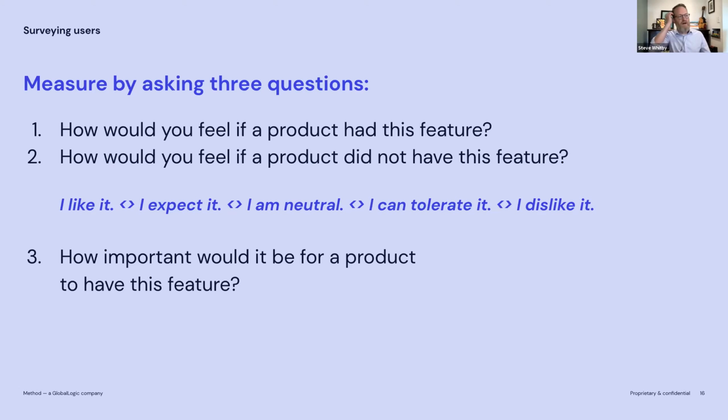And then the third question is, how important would it be for a product to have this feature? And then you give them a Likert scale where you're answering, 1 to 5, 1 to 6, of dissatisfaction or disliked all the way up to like. The answers of these reveal enough for us to map a customer's answer or where it belongs on that scale.